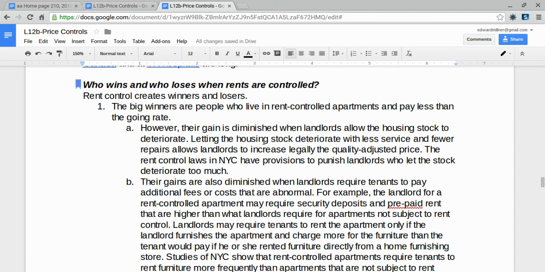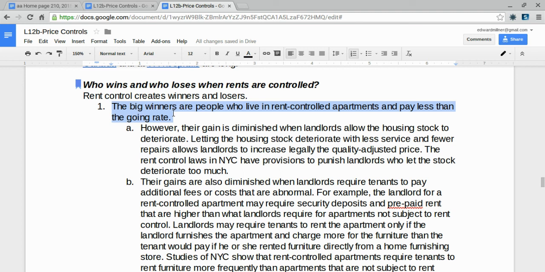Now, rent controls, as all price controls do, create winners and losers. Let's talk about the winners and losers of rent-controlled apartments. The big winners are people who live in rent-controlled apartments and pay less than the going rate. However, their gain is diminished when landlords allow the housing stock to deteriorate.